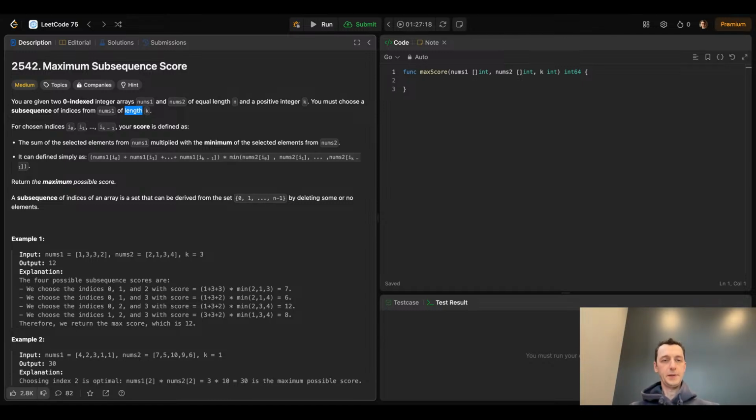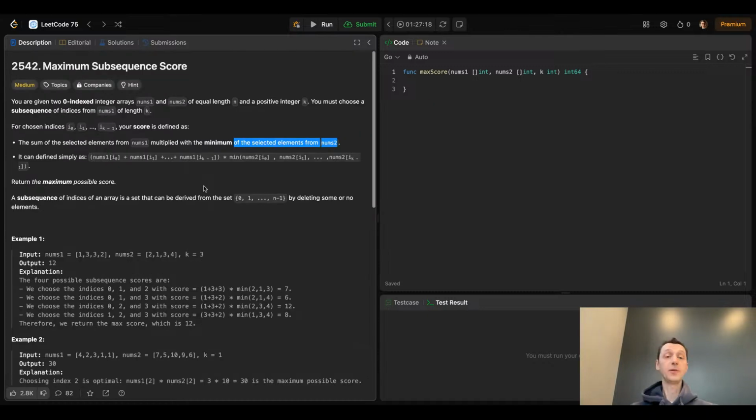For chosen indices, your score is defined as the sum of selected elements from nums1 multiplied by the minimum of the selected elements from nums2.